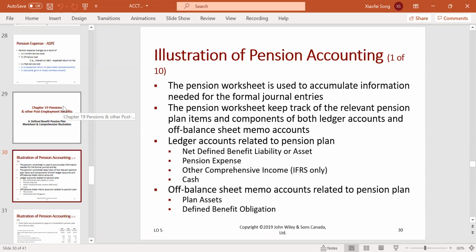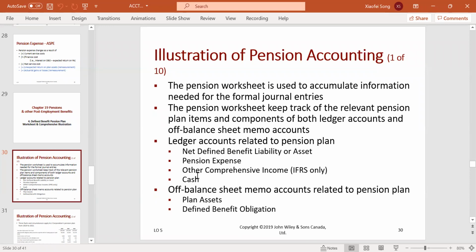The worksheet has two sections, the ledger account section and the memo account section. The ledger account part has net defined benefit liability or asset, which is on the balance sheet. Pension expense is on the income statement. And if the company follows IFRS, there's also other comprehensive income for remeasurement gains and losses. We will review all that in a minute.